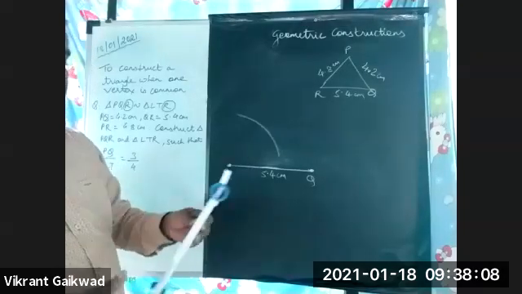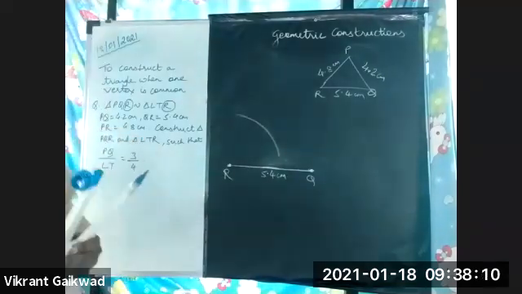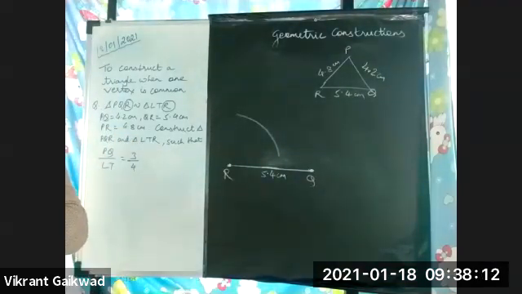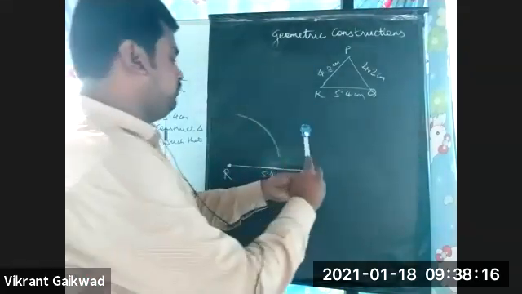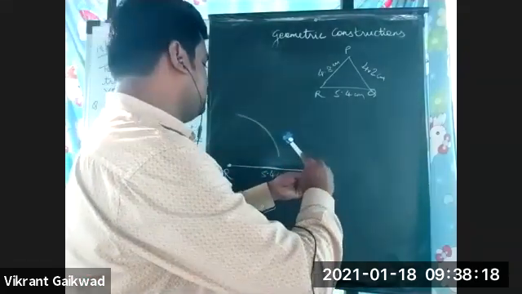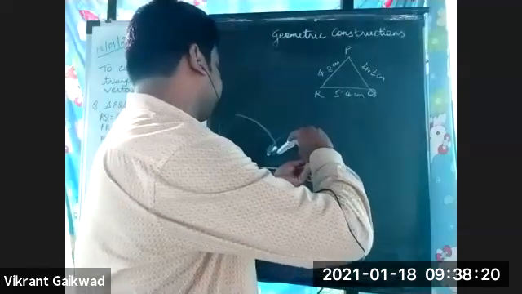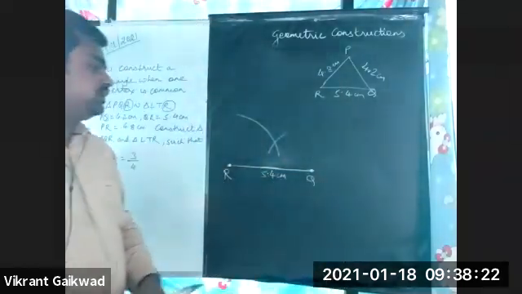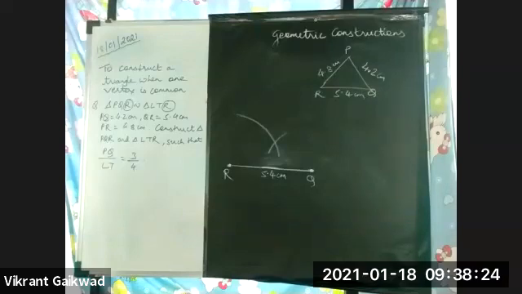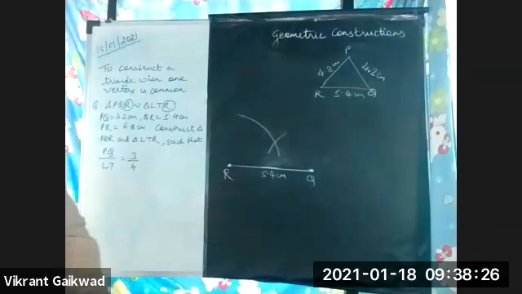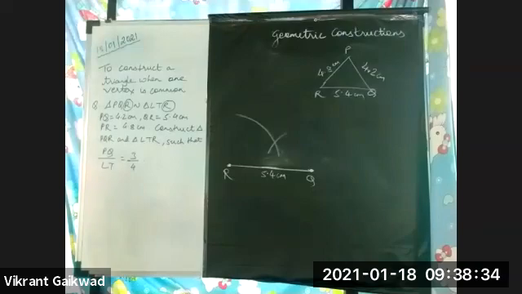After that, you have to take distance of 4.2 on your rounder, and from point Q, cut another arc. Is this clear till here? So you've got triangle PQR.